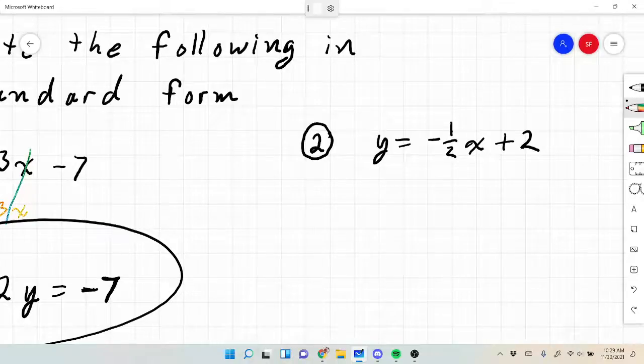We'd add 1/2 x, right? Because it's negative. Can you have the variables on the right side and the constant on the left side? You can, but it's not normal. There are people that would count that wrong. We usually want it that way. So plus 1/2 x.